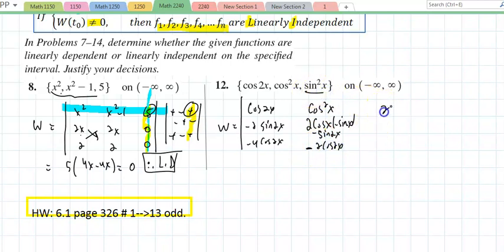I'm taking a derivative already, forgive me. If you take the sine squared of x, a derivative of that is twice the sine of x times cosine of x, which is the sine of 2x, and a derivative of that is twice the cosine of 2x.